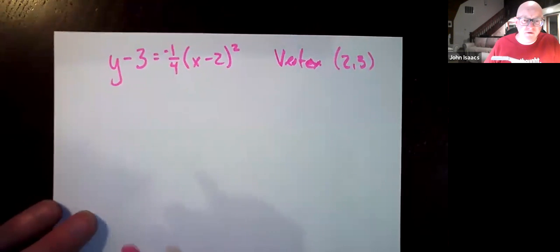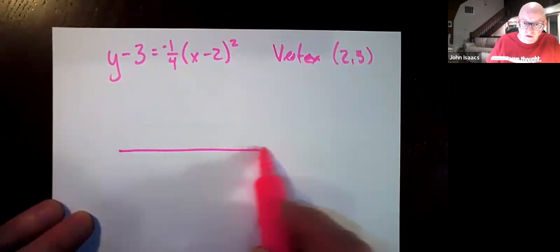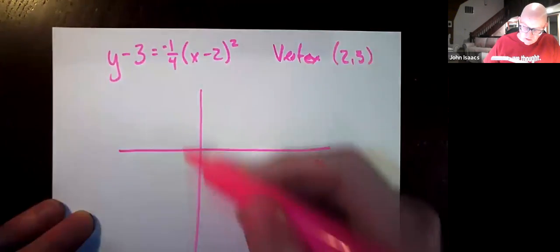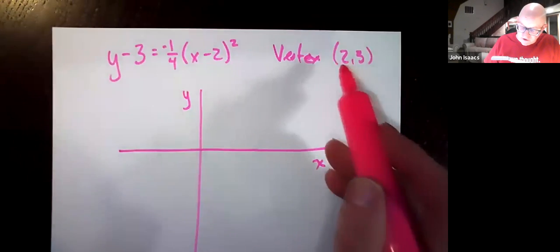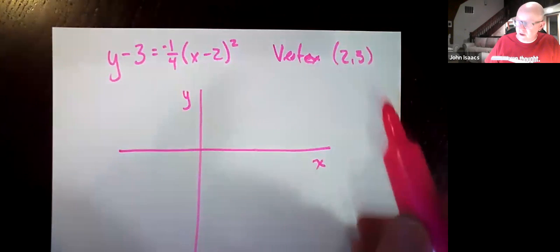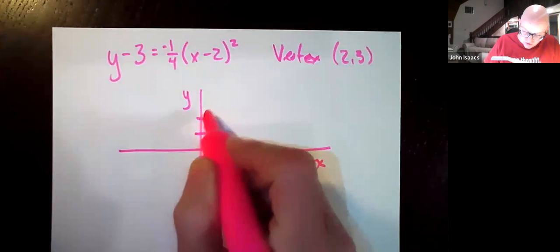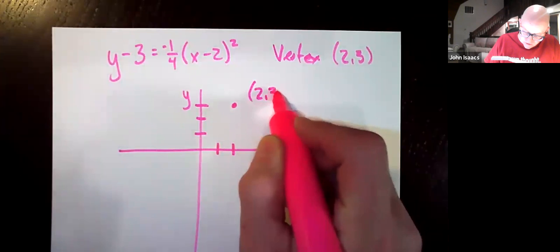I'm going to wind up with 5 points total. So let's draw an x-axis and a y-axis, and we have to have a vertex at (2, 3). So 1, 2, and 1, 2, 3. So here's the vertex of (2, 3).